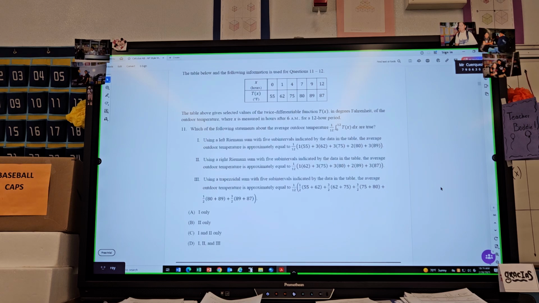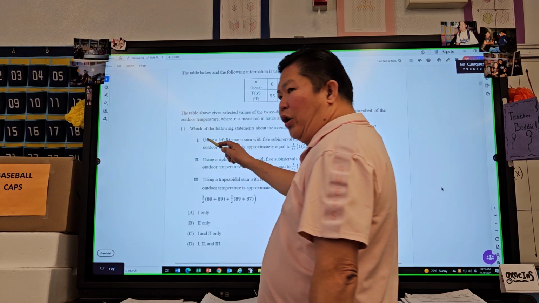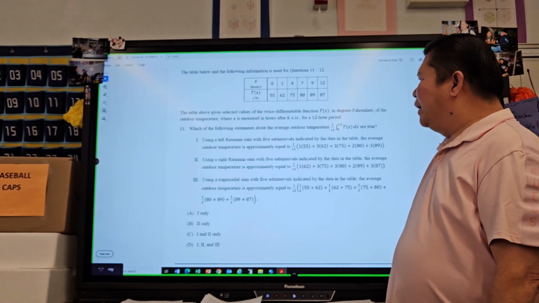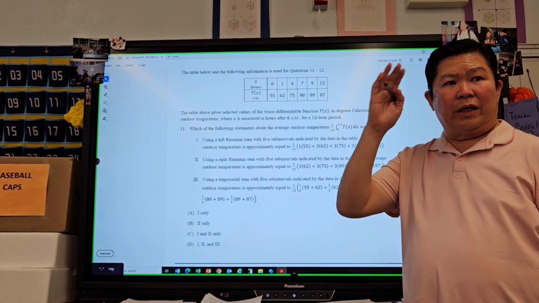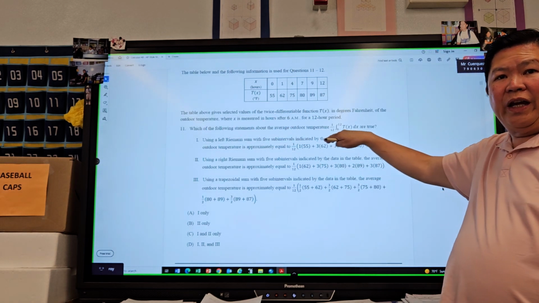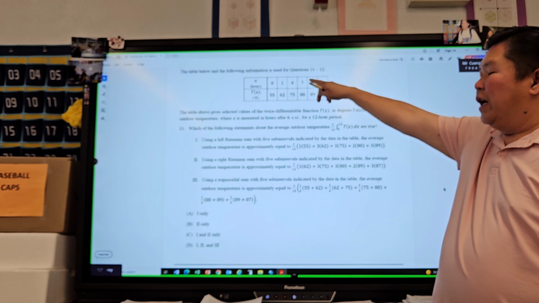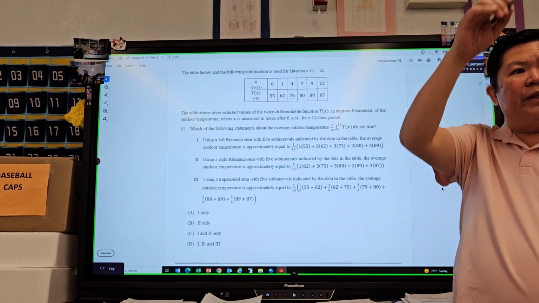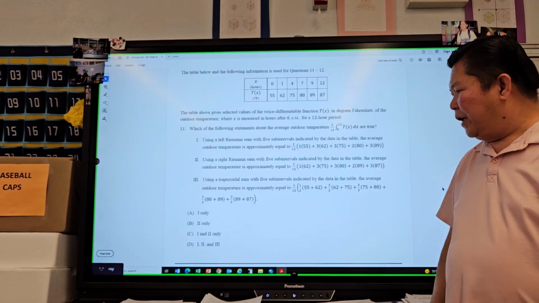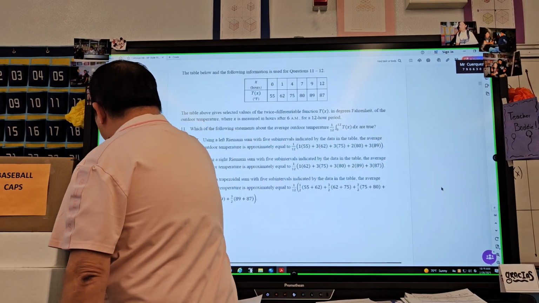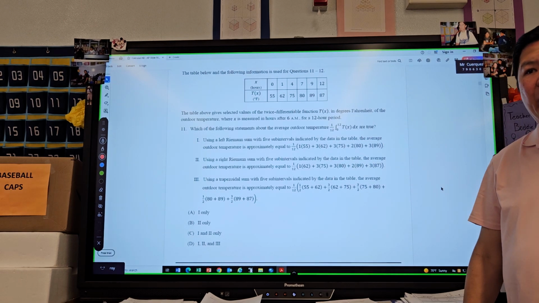Bobby, keep yourself safe. Okay, so we have statement I: using left Riemann sum with 5 sub-intervals. Before you say the statement is true or false, you're gonna have to do first the height, right? Okay, so how many sub-intervals? 5, right?